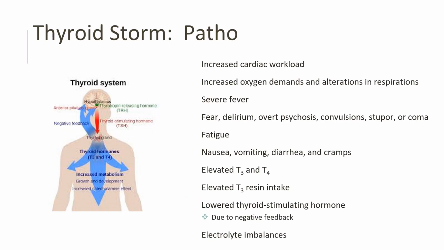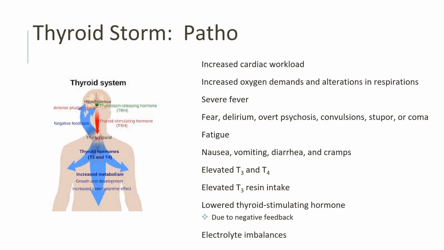So applying the concepts of the assessment for thyroid storm, we are looking at a hyperthyroid state, elevation of T3 and T4, right? Let's go back to the normal system. In the non-disease state, how does the body regulate this?